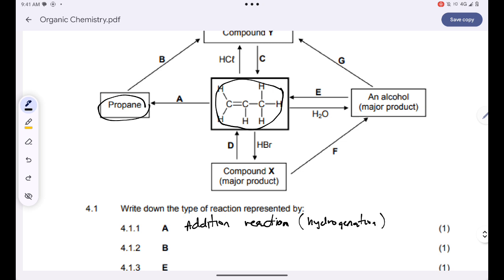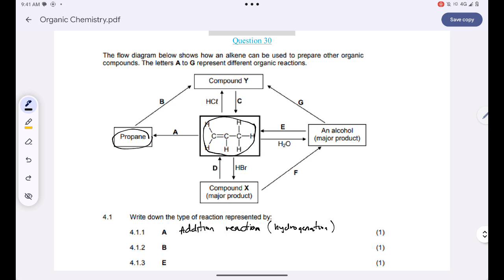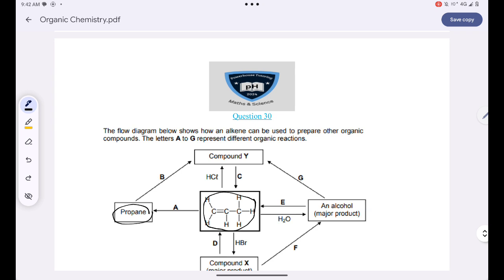For reaction B, we are moving from propane to form compound Y. But what is compound Y? Remember that, guys, initially compound Y was formed by using this propene over there.